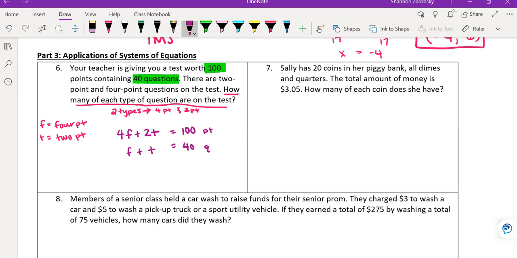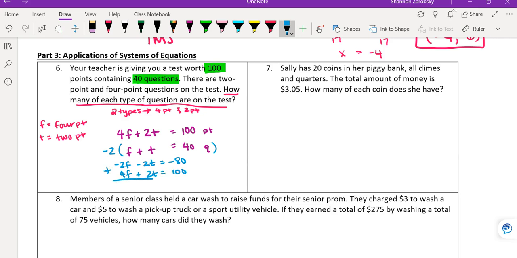So if I solve this system, I'm going to eliminate a variable. I'm going to eliminate the T by multiplying by a -2. Then I get -2F minus 2T is equal to -80. Bring down that 4F plus 2T is equal to 100.